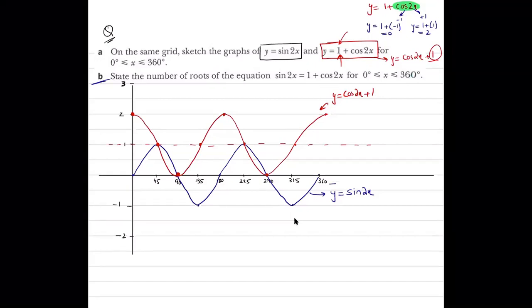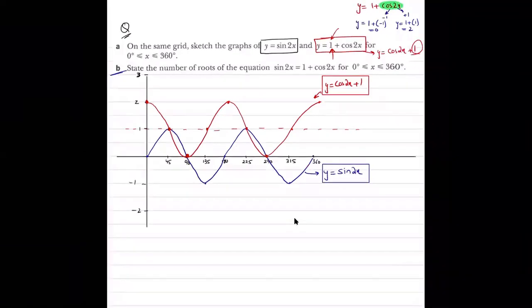Let me know if you don't get anything in the first part. It's clear. Then let's think on the second part. State the number of the roots of the equation sine 2x equals 1 plus cos 2x.